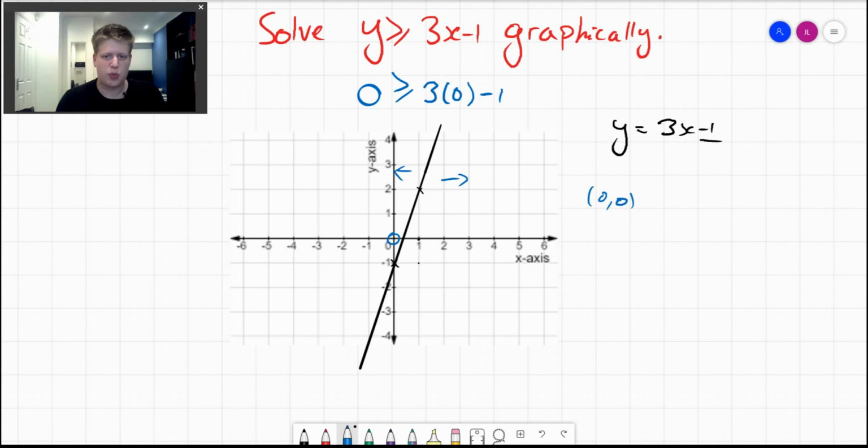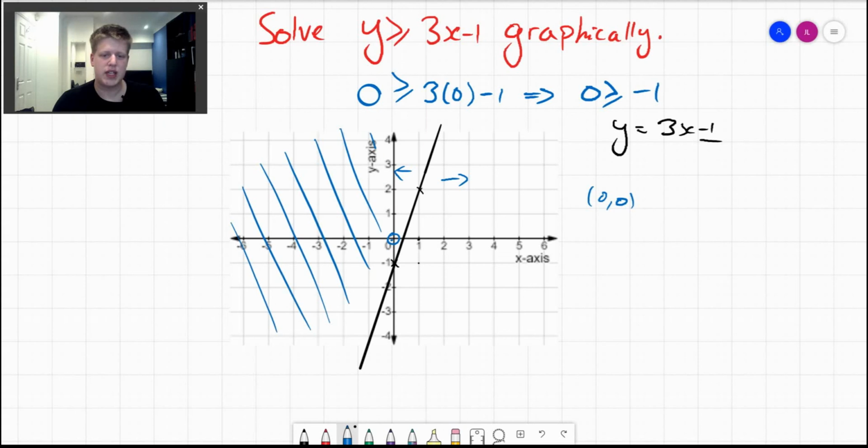Notice I've just changed y and x for 0. Well, we know that 0 will be then greater than or equal to 3 times 0 is 0, so we can forget it, minus 1. 0 is greater than or equal to minus 1, which means that this lies in our region, which means that the region we're looking for is everything to the left of this line.